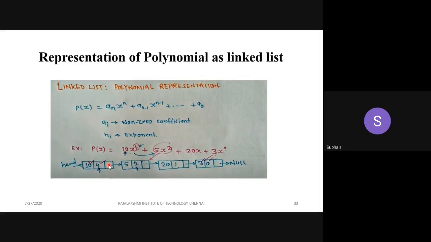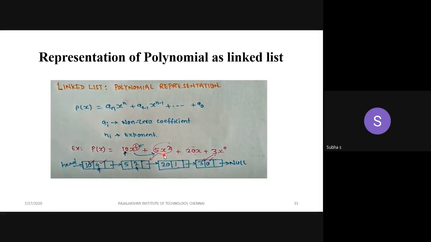This should point to the next field. It is the address part, so you have to mention it as pointer only. So can anyone tell in a node how many fields are there here? 3 fields, 2 data fields and 1 address field. That address field should be given as pointer.